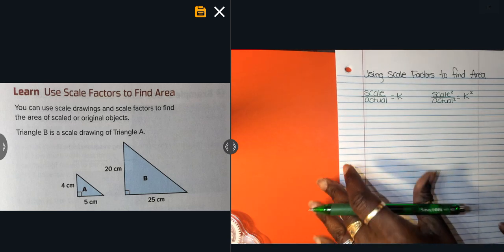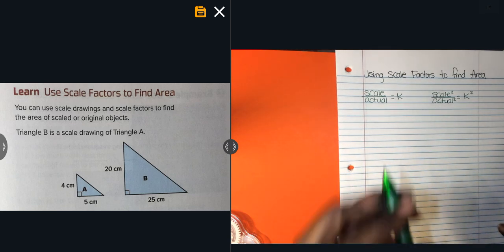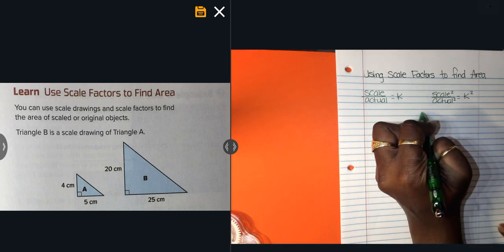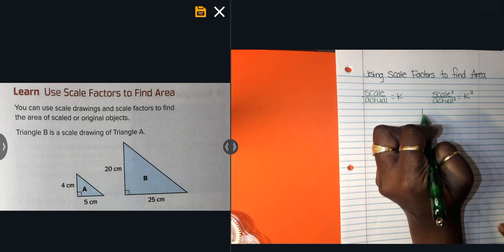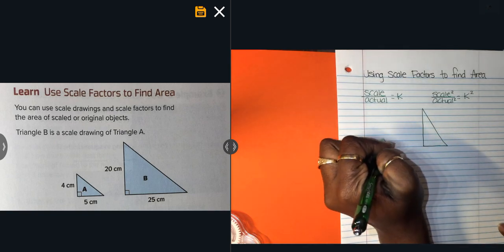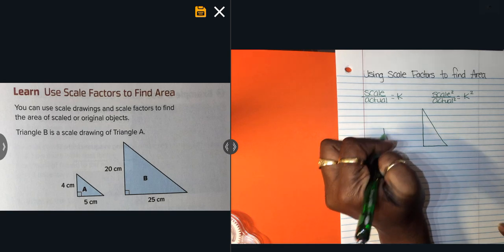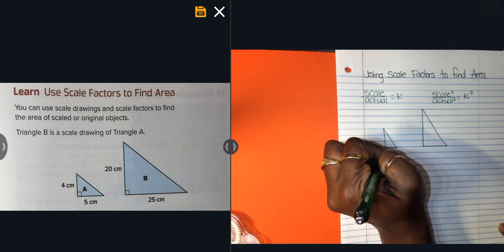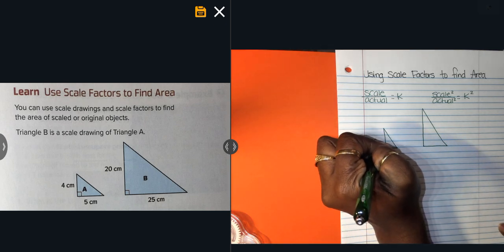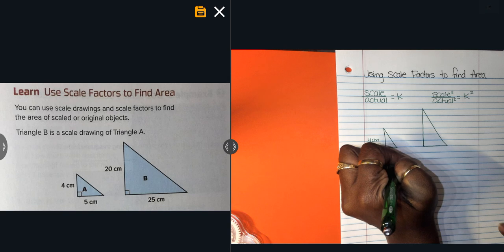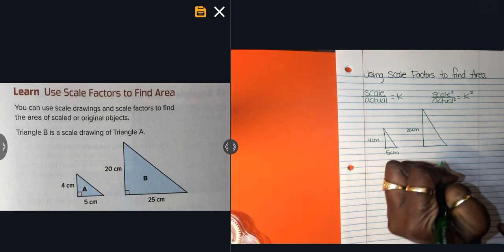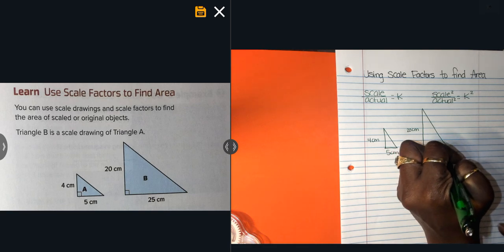All right, so we're looking at this triangle and we have two of them here. So let me draw two triangles. The dimensions are 4 centimeters, 5 centimeters, and then over here we have 20 centimeters, and down here we have 25 centimeters.